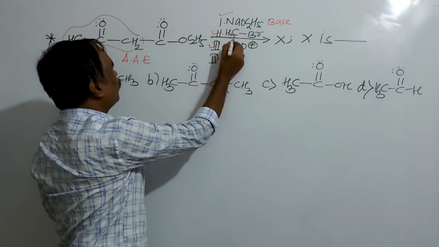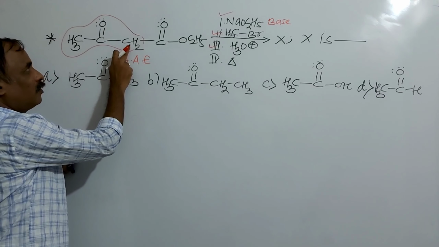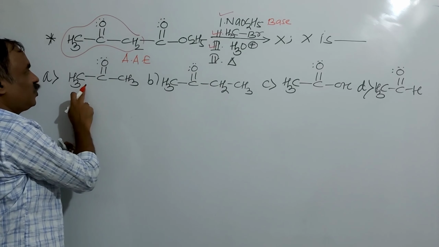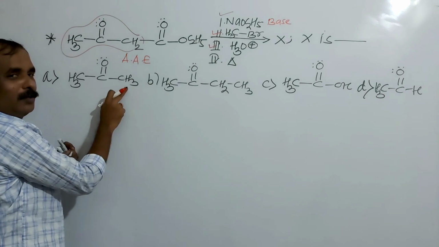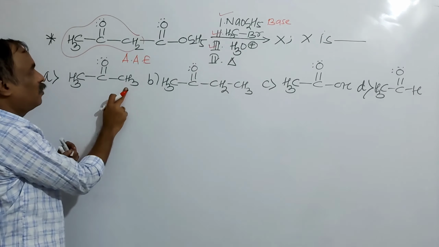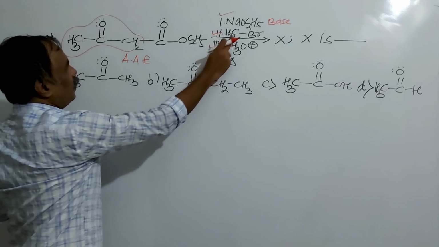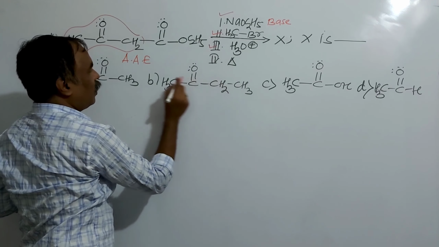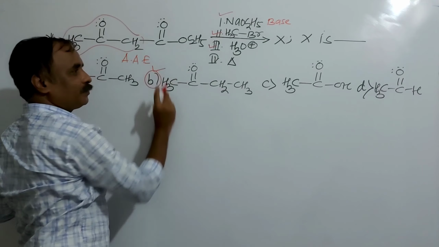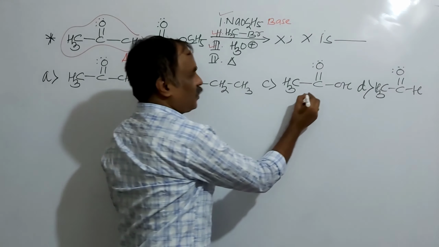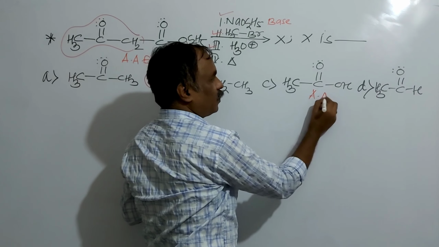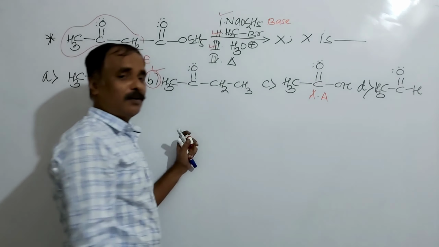Now attach this methyl to this carbon. And what will be the structure? CH3 C double bond O CH3 is acetone, and this is not the answer. CH3 C double bond O, here it is CH2 and this CH3. I think the answer is this one. Acetic acid is not the answer. Acetaldehyde is not the correct answer.